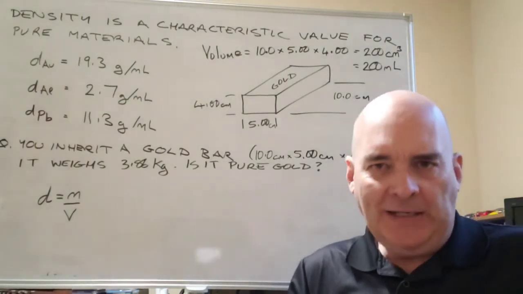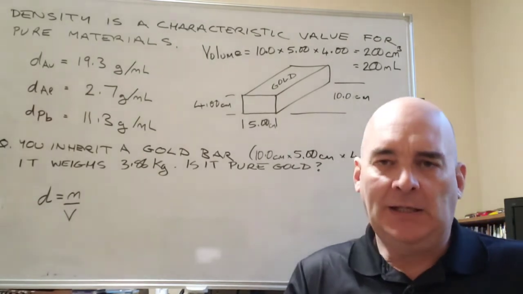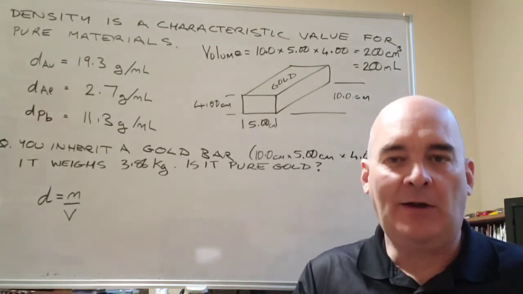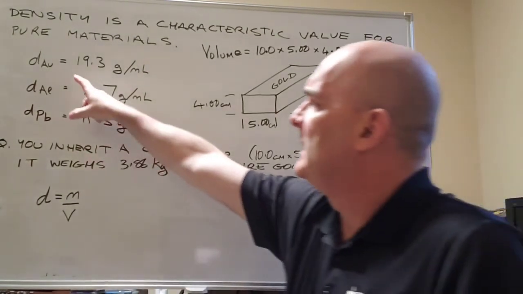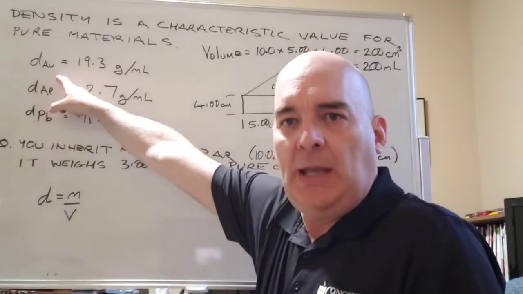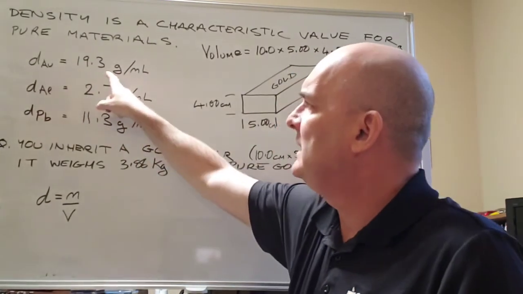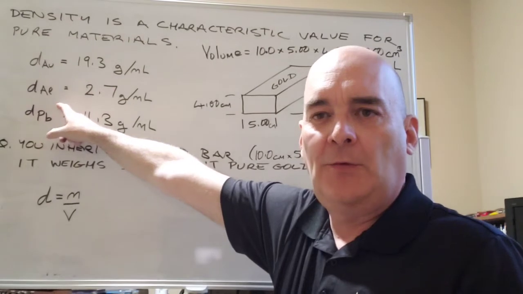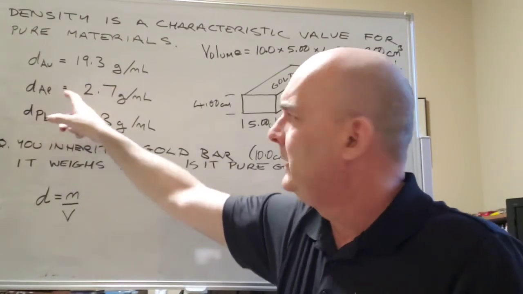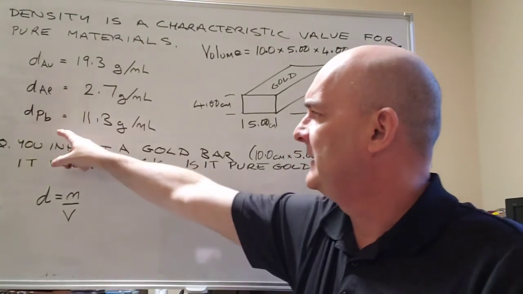We've known since ancient times that the density of pure materials is characteristic for that material. So the density for gold, AU, is 19.3 grams per milliliter. The density for aluminum, AL, is 2.7 grams per milliliter.